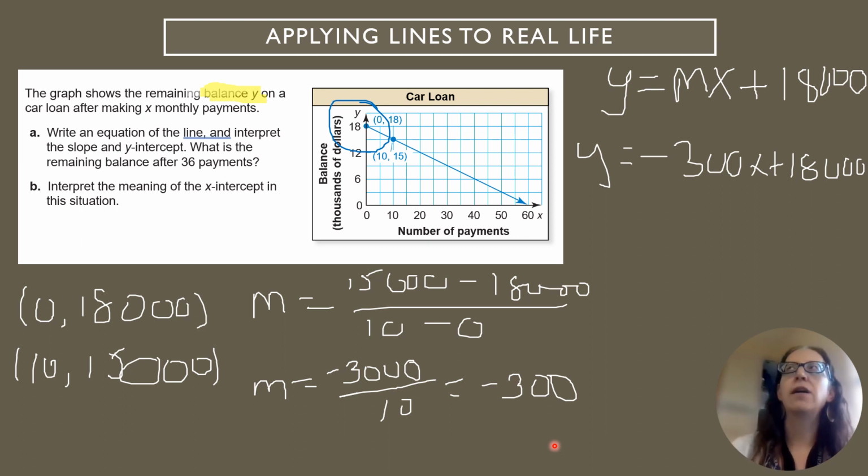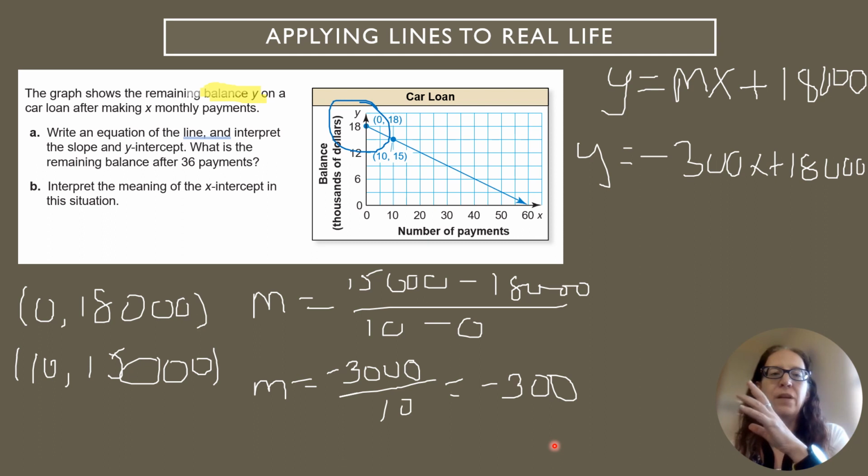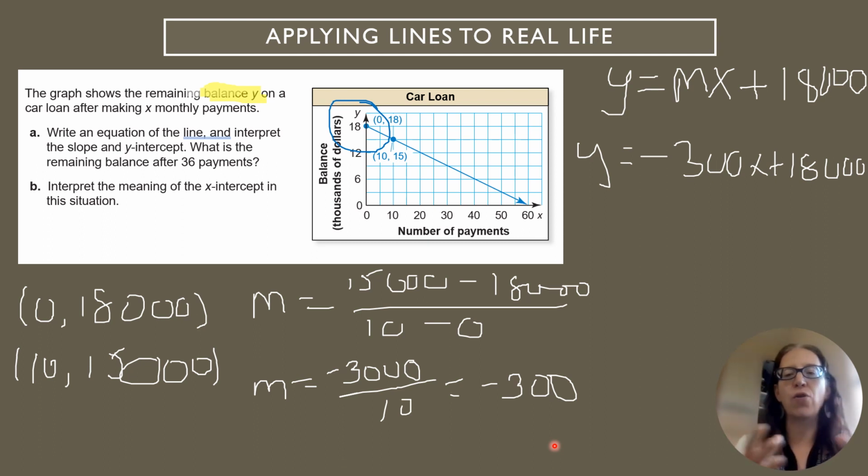You could explain that a bunch of different ways, and one of the ways I can tell when students are copying is if you and your buddies all use exactly the same words, because there's a lot of different ways you could say this. You could say it means the balance is going down by $300 each month. It could be $300 per month less in balance.